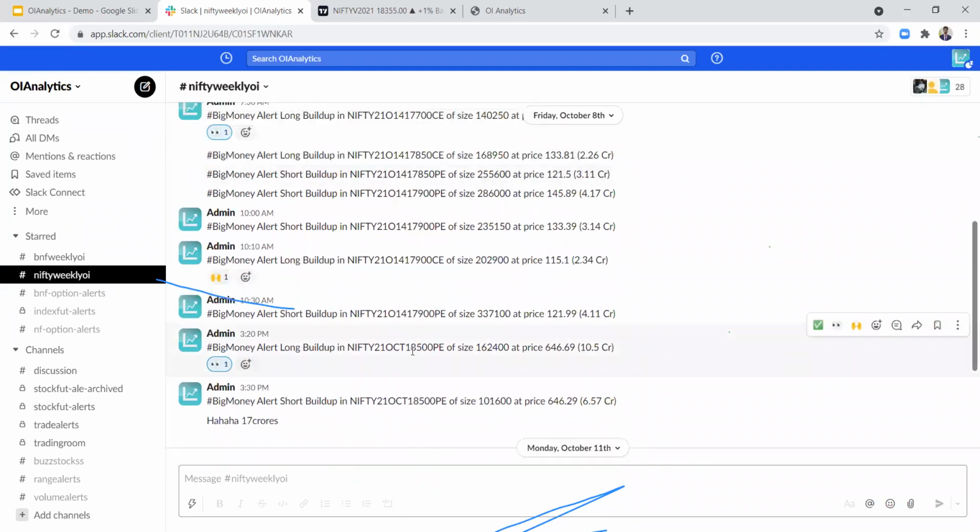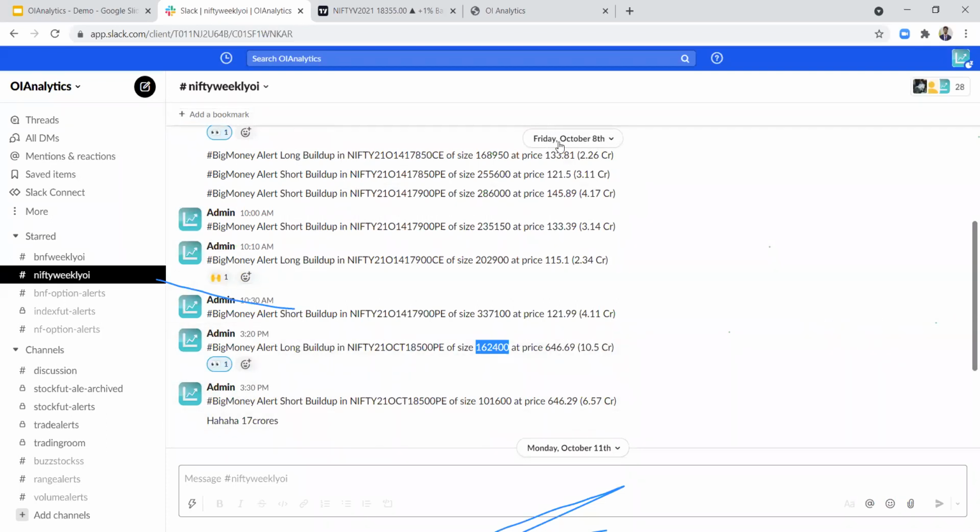If you see this alert, 162,400 quantity of 18500 put at the closing 20 minutes of the market on October 8th, which is Friday. The addition price is 647 for 162,000 quantity, and for 101,000 quantity it is 646.